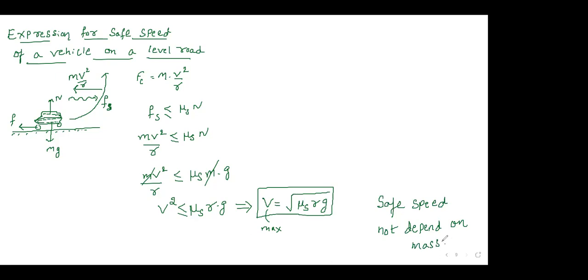Irrespective of the mass, the safe speed of the vehicle will remain the same. This is called the maximum safe speed of the vehicle on a level road, students. But this is not that important for your board exam.